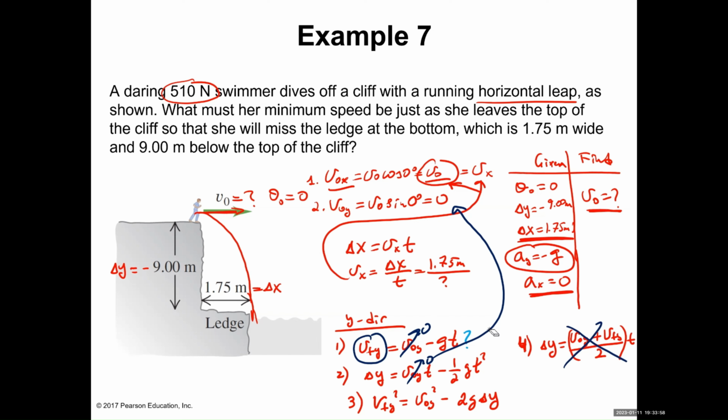So one equation that can help us is equation 2, because I have delta y, I have acceleration, initial velocity is 0, and I can use that to solve for time. What about number 3? Well, number 3 doesn't have time, so it's useless to me.